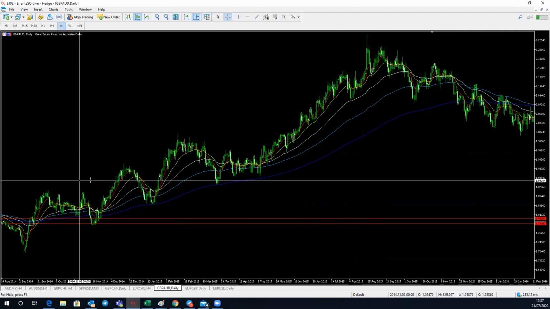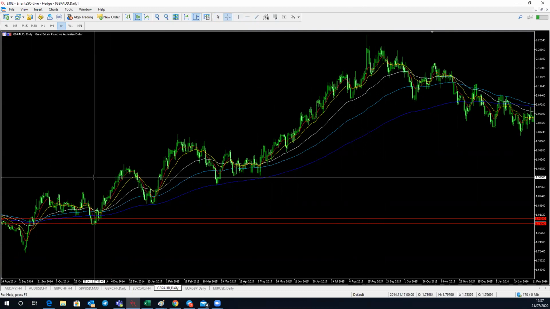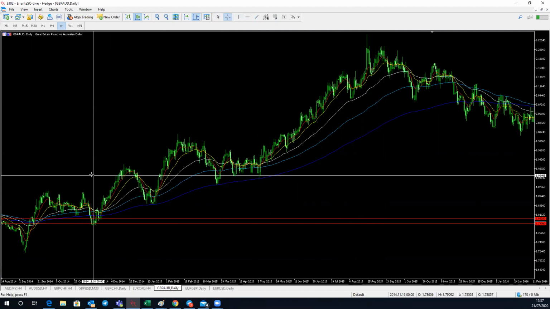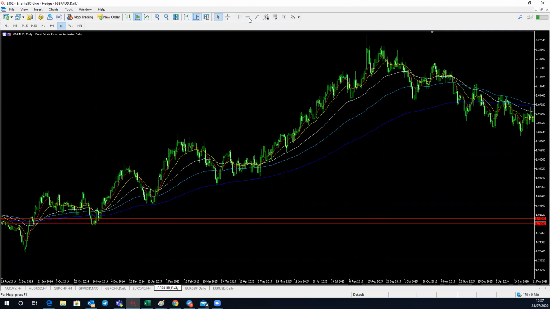That happened roughly in 2014. So here, if I look at the base right there, it's exactly at the psychological number of 78.50 that GBP AUD found support and then went up.